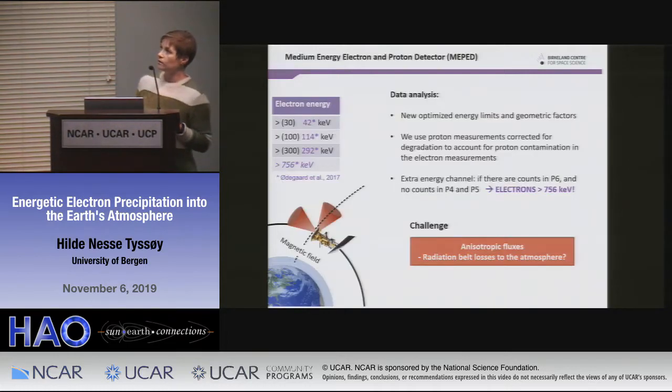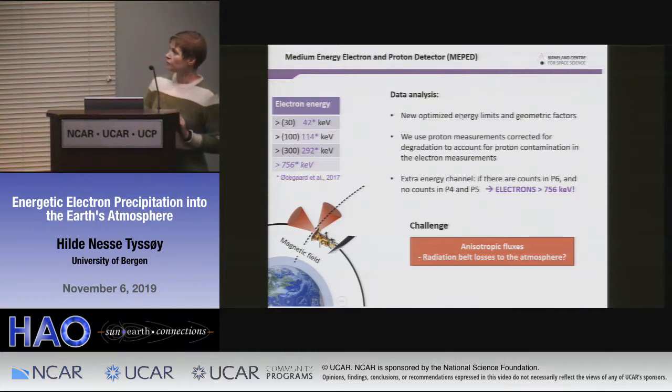In Bergen, we also use the POES and the MEPED. We have done a lot of correction and optimization of the data. So we have new optimized energy limits and geometric factors, which you can see here. More details are found in this paper. We use proton measurements corrected for degradation to account for proton contamination in the electron measurements.